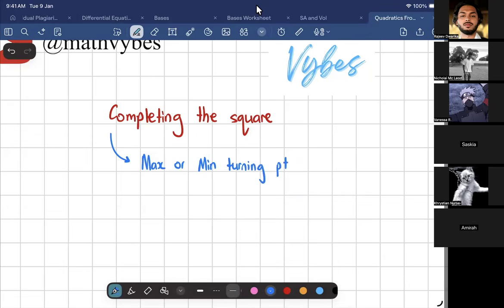We also use the completing the square form to figure out the axis of symmetry. These are the kind of questions you could be asked in the exam. Axis of symmetry. They could ask you the maximum or minimum value for f of x.